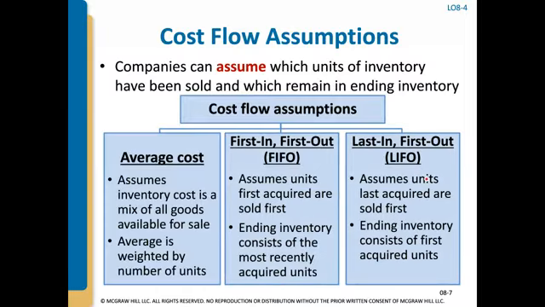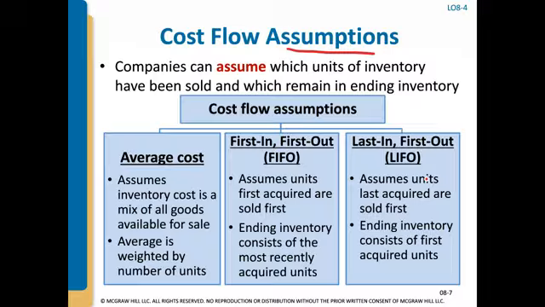There are three different ways you can allocate those costs between ending inventory and cost of goods sold based on some assumptions. In a previous video, we did specific identification. In specific identification, there are no assumptions because each unit sold is specifically identified to a specific batch, and we know exactly what the company paid for it, and that's what is allocated to the cost of goods sold.